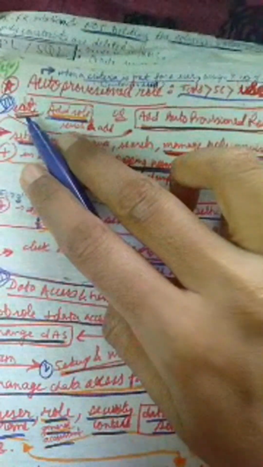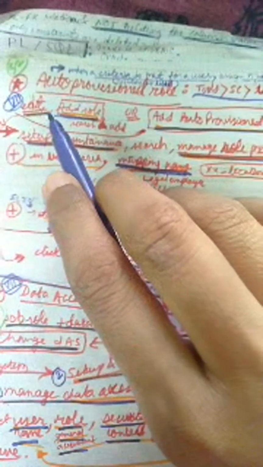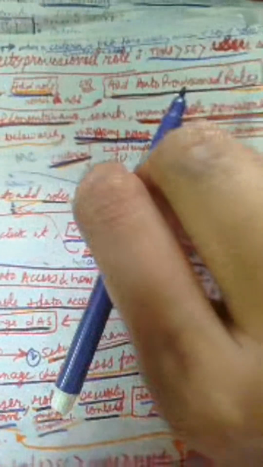So after searching the username and clicking on edit, we have 2 options, add role and add auto provision role. Here we will be doing the auto provision role. How to do it?